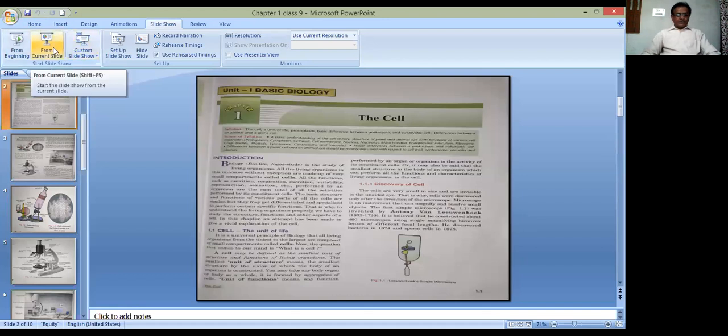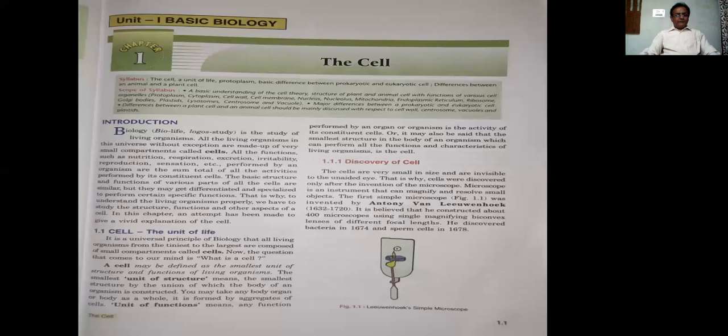He was the first person who developed a number of lenses and saw a bacterial cell, a sperm cell, and so on. But this discovery was led by Robert Hooke.